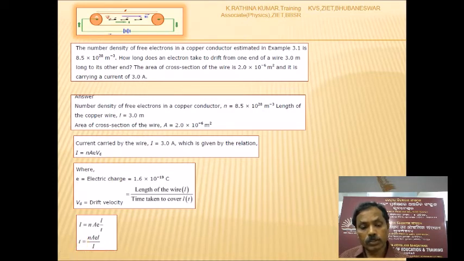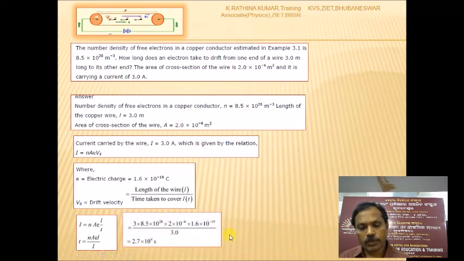So time is equal to, as per this, n A e L by I. We just want the time, so on substituting the given values, the time is found to be 2.7 into 10 power 4 second. Substituting and simplifying, you get 2.7 into 10 power 4 second.